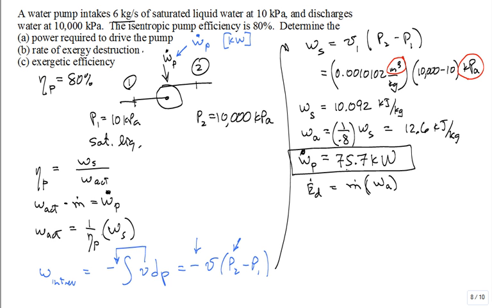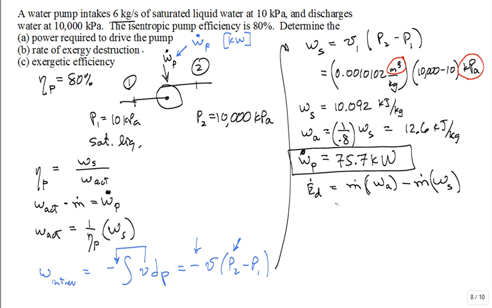Some of it goes to increasing the flow exergy of our liquid water. How much goes there? Well, that's what we calculated before. It's the minimum work in to achieve that increase in pressure.